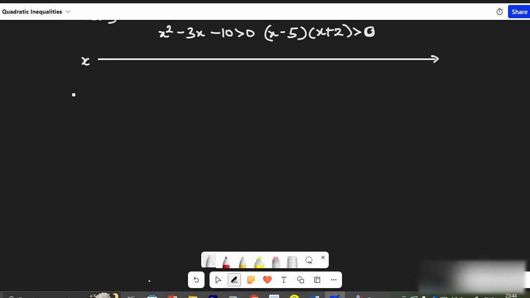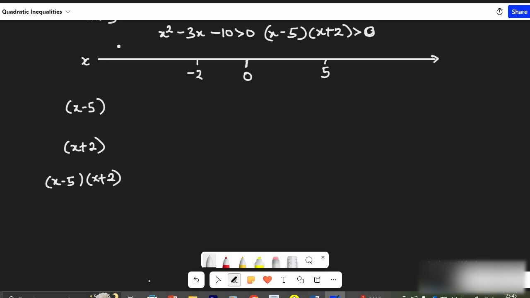So we have x here, and of course we have 0 in the middle, then we have 5, let's say somewhere here, we have minus 2 here. We have the first factor, x minus 5, and x plus 2. Have this, the product here.